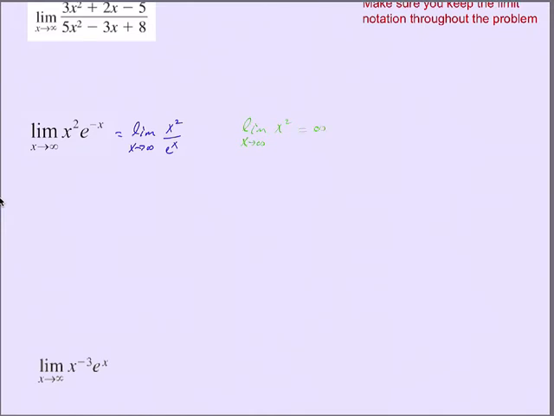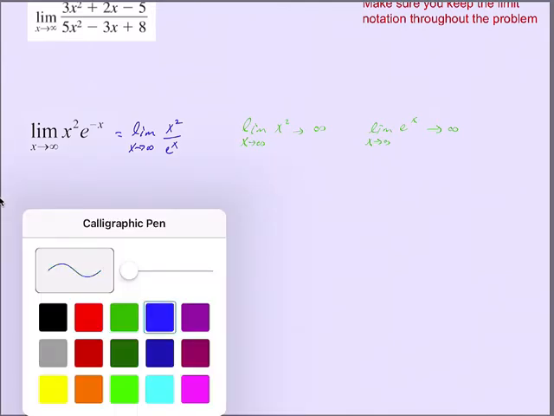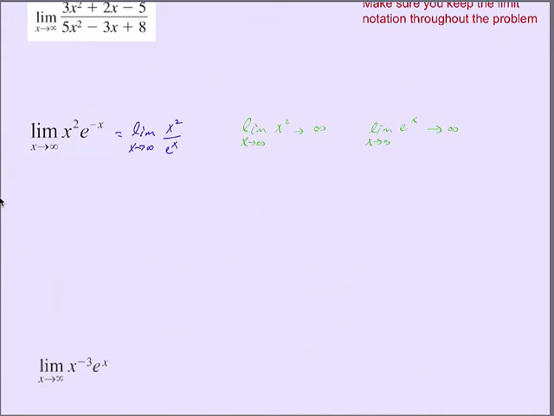Perhaps a better way to do it would be to say x squared approaches infinity. Put an arrow there. And the same is true for the denominator. The limit of e to the x as x approaches infinity also approaches infinity, which means we can use L'Hopital's rule.